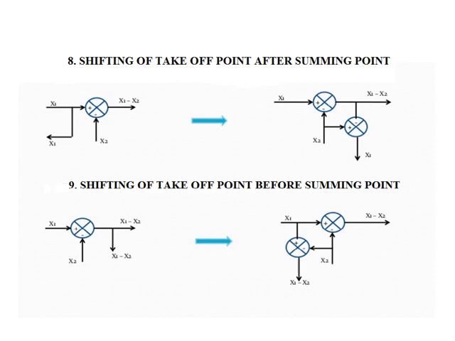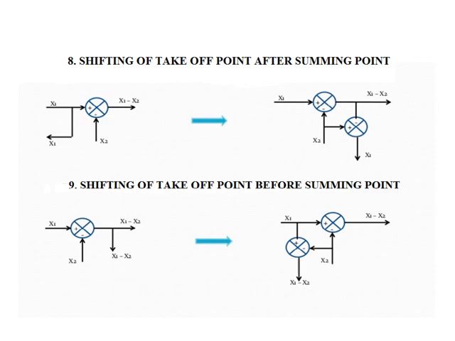We are just adding G or 1 by G. In the previous rules from rule number 3 to rule number 6, we have seen that when we want to shift a summing point or takeoff point before and after the block, accordingly we add the gain G or 1 by G.